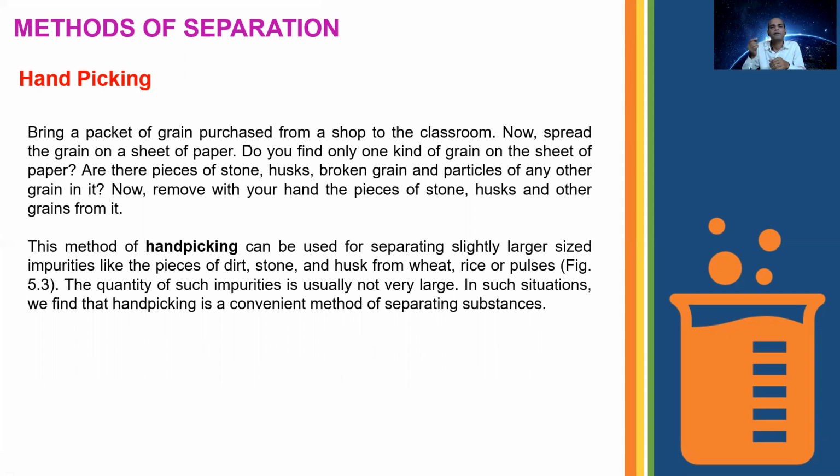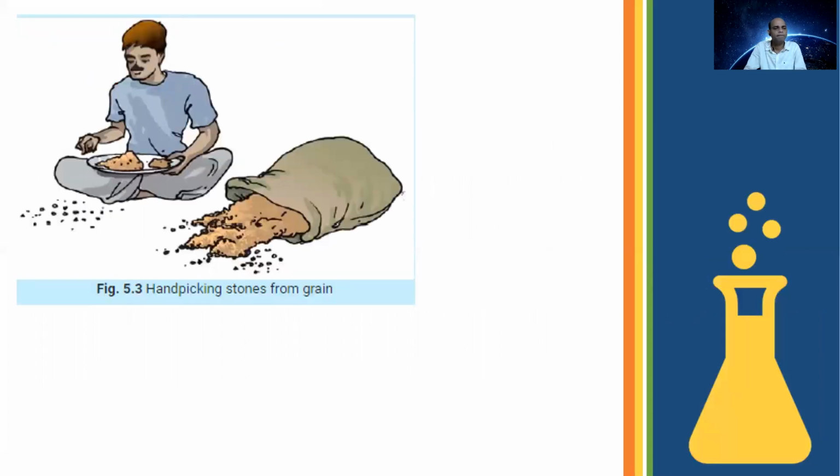Pieces of iron are also sometimes there when it is processed through the mills. So those unwanted substances are to be separated. For that we use our hands. इसको बोलते हैं hand picking, right? हाथ से अलग करना means hand picking. This is the picture of how we separate the impurities from the pure substance by our hands.